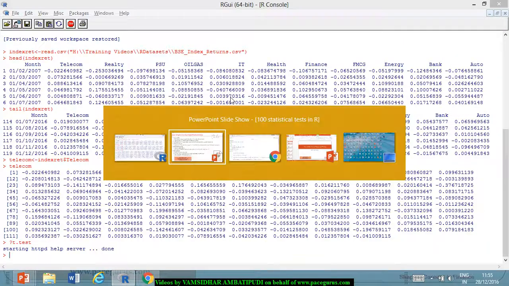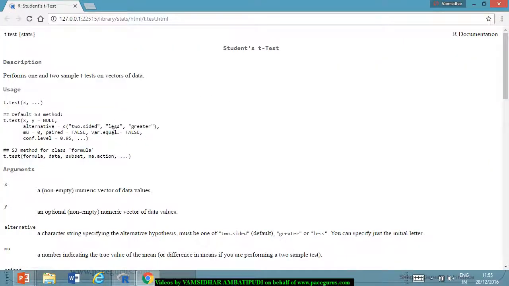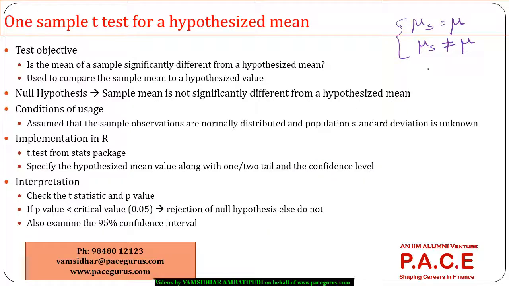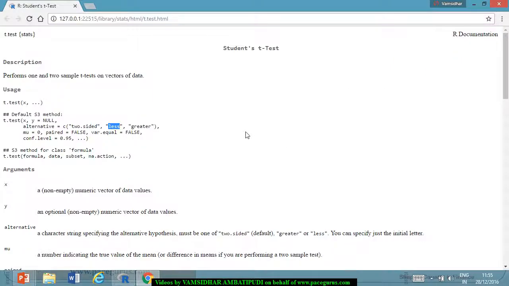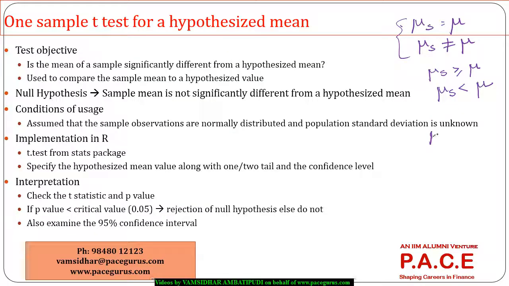Whereas if I say the alternate hypothesis is less, then the null hypothesis is not just equal to, it could be greater than or equal to the hypothesized mean, whereas the alternate hypothesis will be lesser than the hypothesized mean. And when I set greater, the null hypothesis says the sample mean is less than or equal to the hypothesized mean, and the alternate hypothesis is that the sample mean is greater than the hypothesized mean. So depending on what I have set, this pair of null and alternate hypotheses will be chosen.